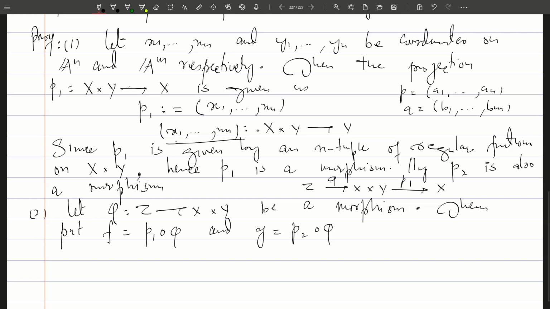Now phi is given to be a morphism, and in the first item we proved that p1 and p2 are morphisms, and the composition of two morphisms is a morphism. So this implies f and g are morphisms.